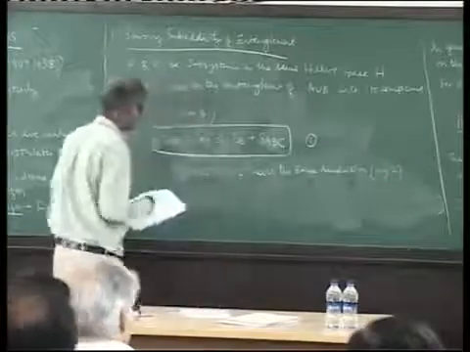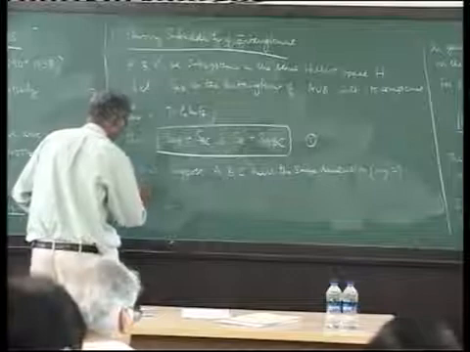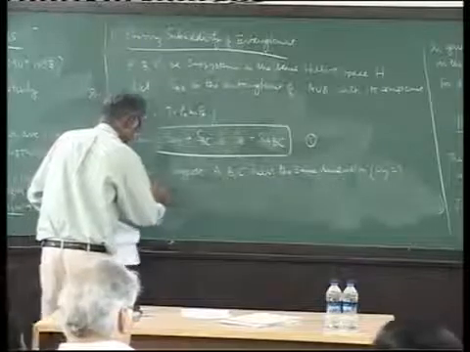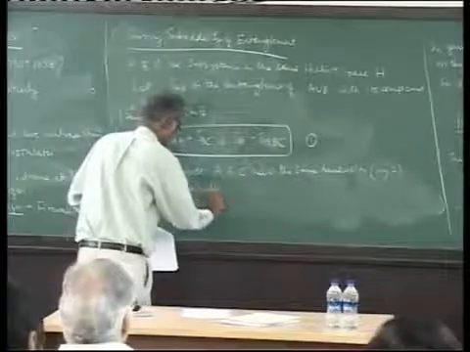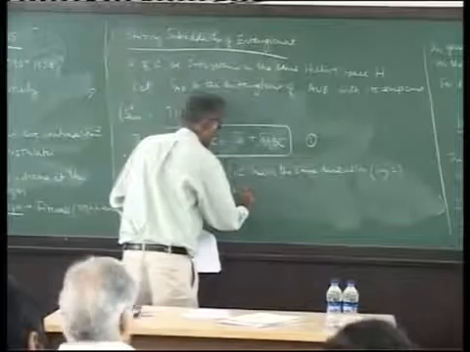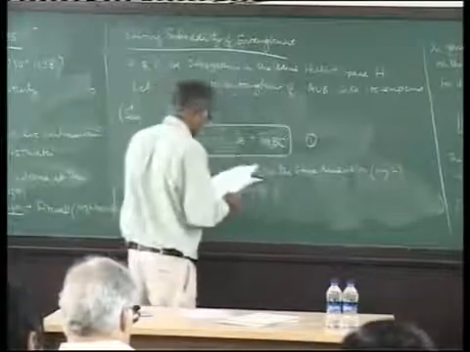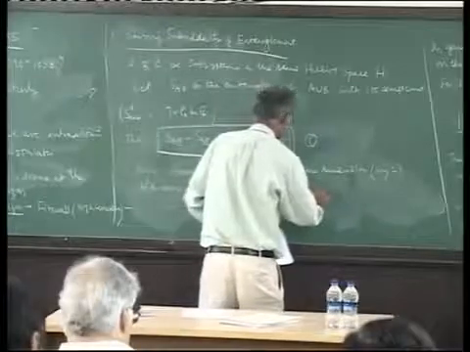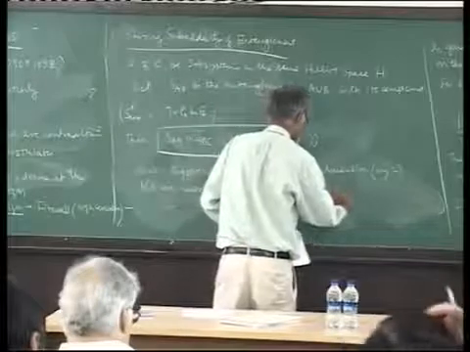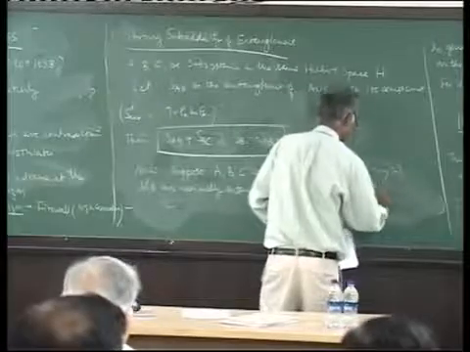We can then talk about things being maximally entangled. A and B are maximally entangled if A union B is pure. By that one means, if you compute the entanglement entropy, this is 0.